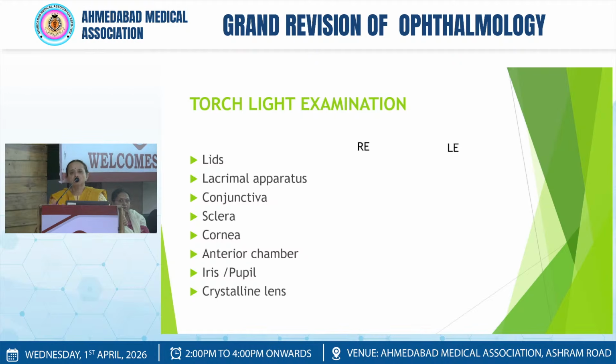For the examination of posterior segment of the eye, the vitreous humor, retina, choroid, optic disc, the retinal blood vessels and the retinal periphery, you need to dilate the pupil and use an ophthalmoscope. You are not expected to do posterior segment examination in your patient. So that is done by an ophthalmoscope, an indirect ophthalmoscope in the retina department.